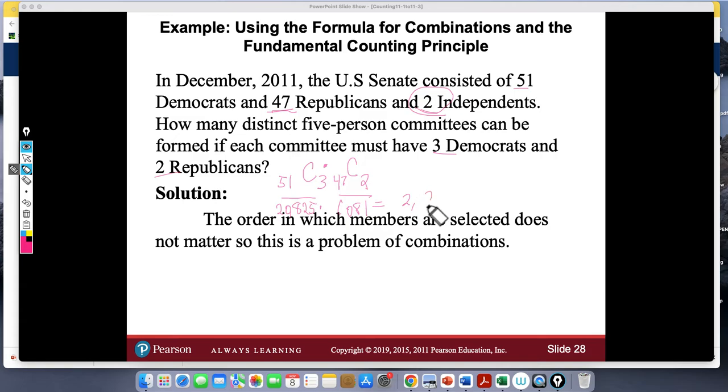It's 22,511,825. Actually, it's 22 million. So 22 million different committees we could have.